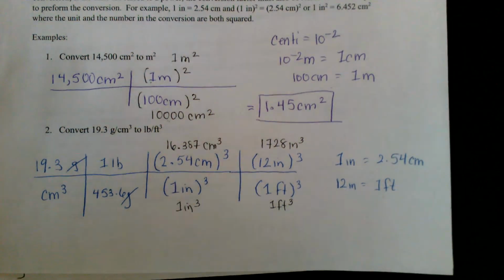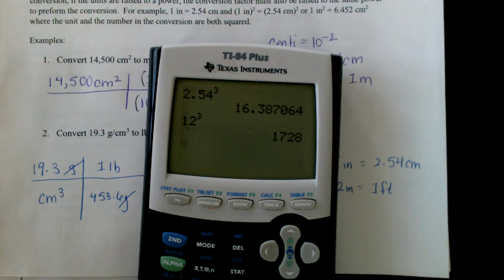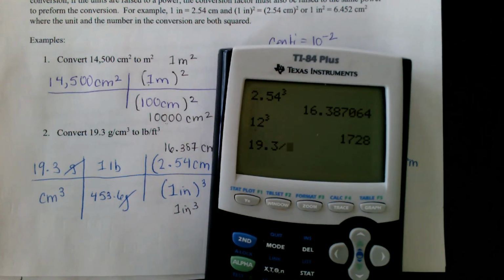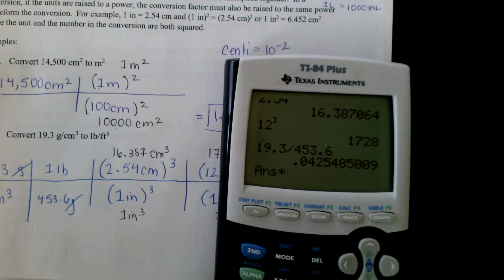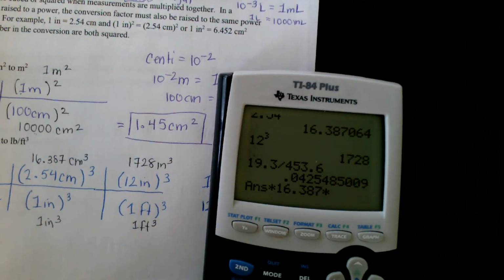Okay, so now we can put this in our calculator and we can solve. So we have 19.3. We're going to divide that by 453.6. We're going to take that and multiply it by 16.387. And then we're going to multiply that by 1,728.